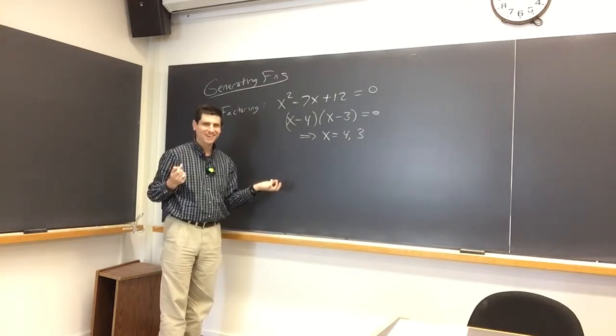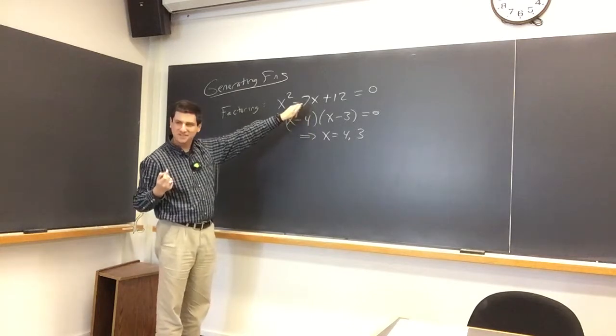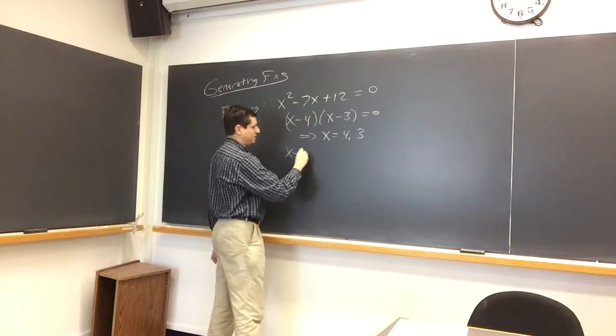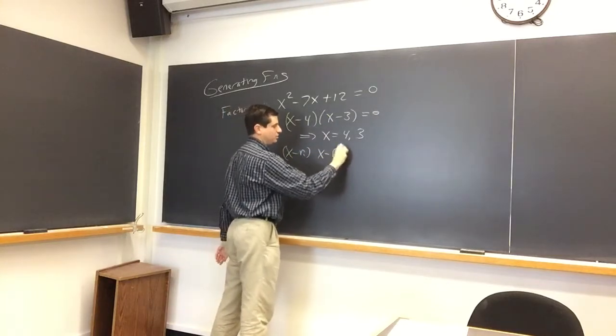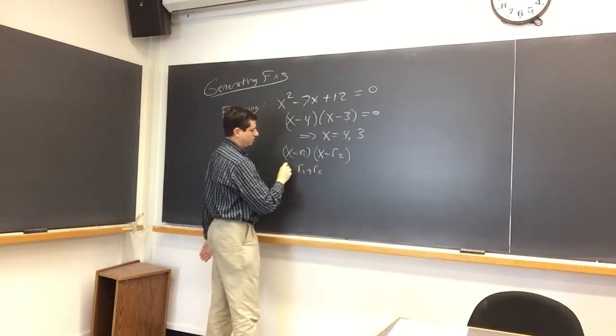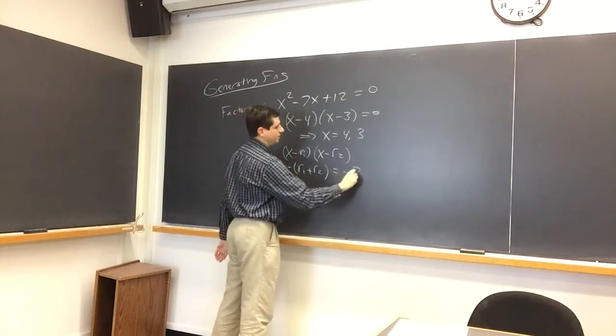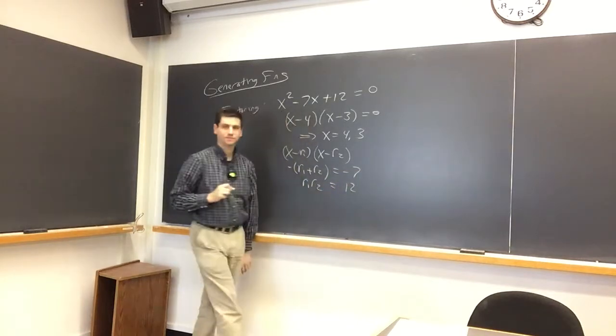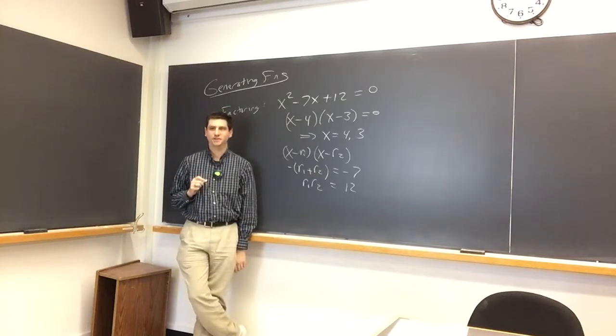A nice system: you're looking for two numbers that add to 7 and multiply to 12. So you're really looking for x minus r1, x minus r2, and so you want r1 plus r2 to equal 7, and you want r1 times r2 to equal 12. And you're solving this in your head.